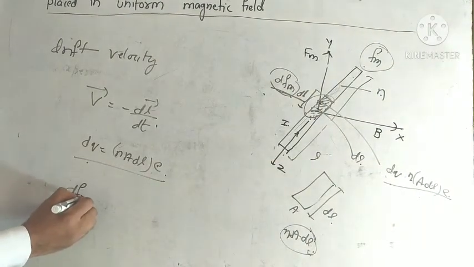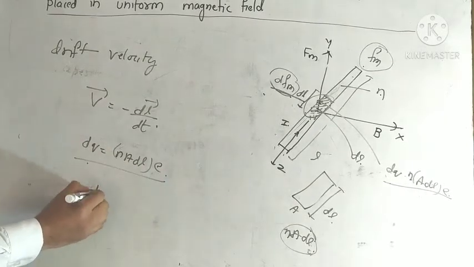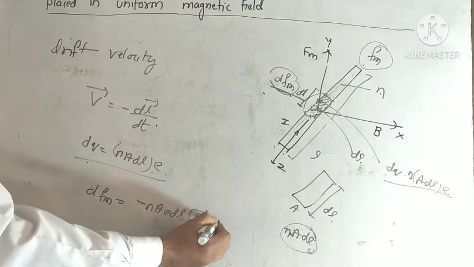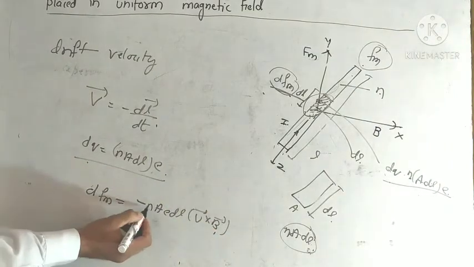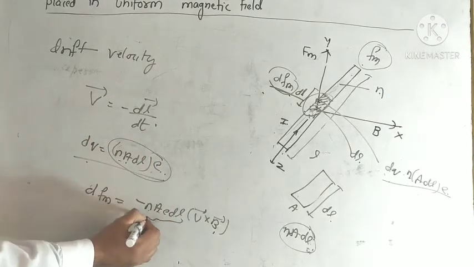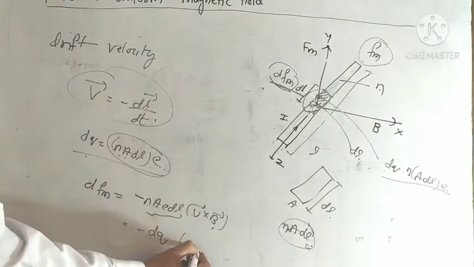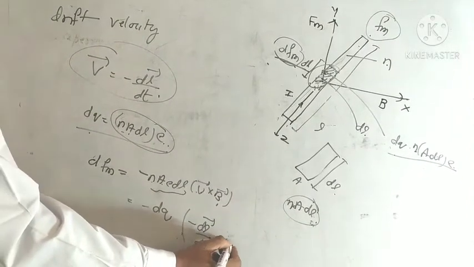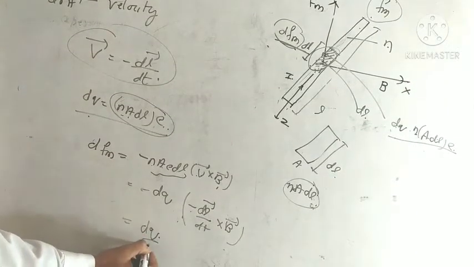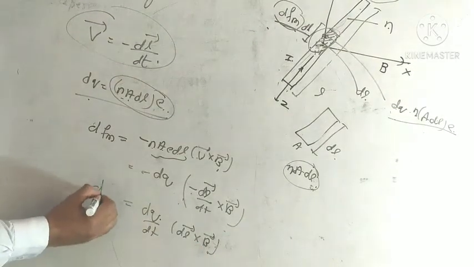So dFm is equal to, from the previous relation, minus nAedl v cross B. Here nAdl e we can write as minus dq, and we put in the drift velocity, minus dl upon dt, into B. So minus and minus finally become plus dq, with dt here and dl here, into B, and this is the dFm.